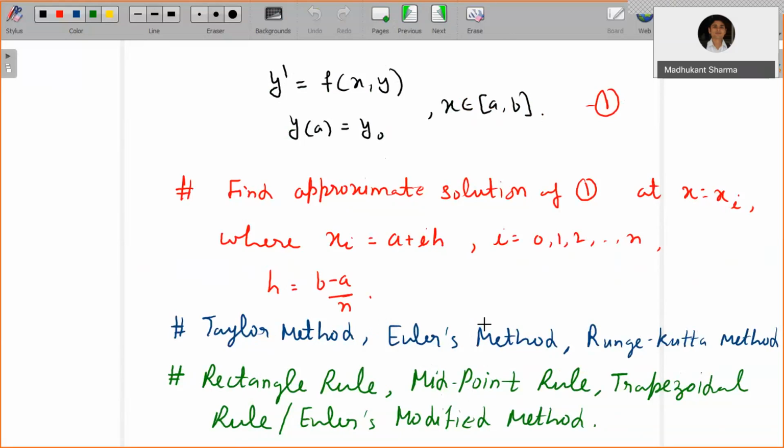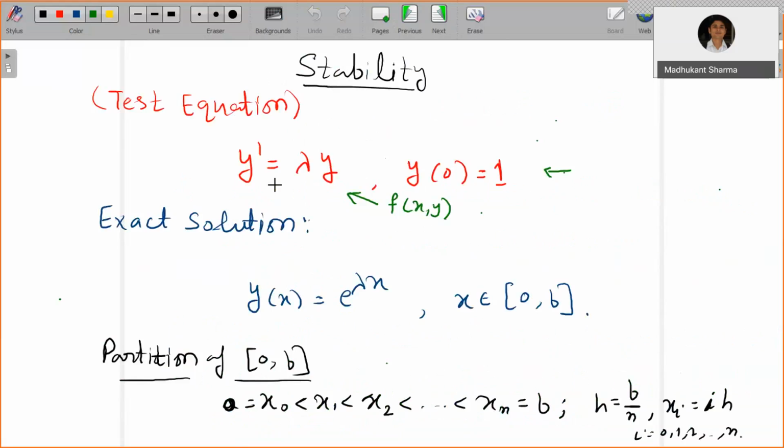The test equation is given by y dash equals lambda y with y at 0 equals 1. If you compare it with the original initial value problem, you can see that f of x, y is equal to lambda y, a is equal to 0 and y naught equals 1. The exact solution can be derived by using the variable separable method, or this is a linear first order differential equation, so you can find the integrating factor and solve it.